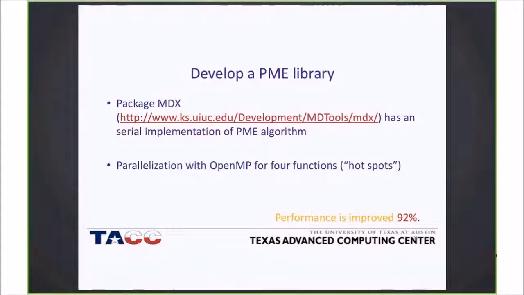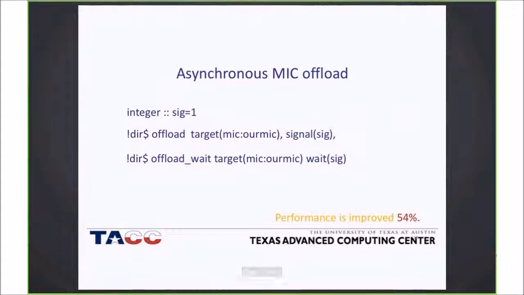With OpenMP, I have parallelized 4 functions, and the PME calculations scale reasonably well with core numbers up to 8 cores. With PME, the performance is improved by 92%.